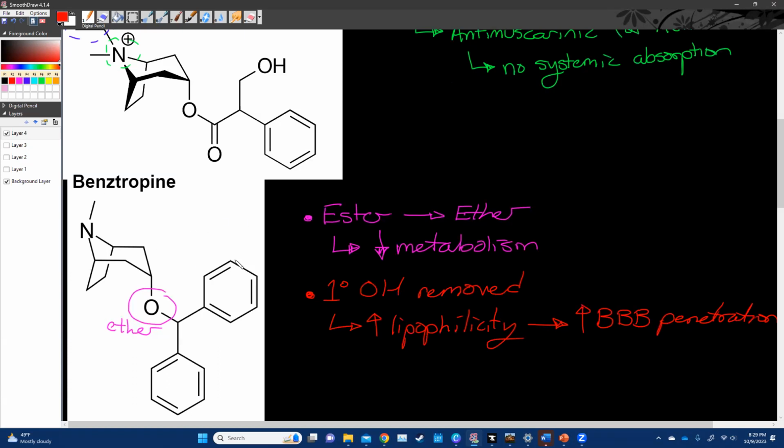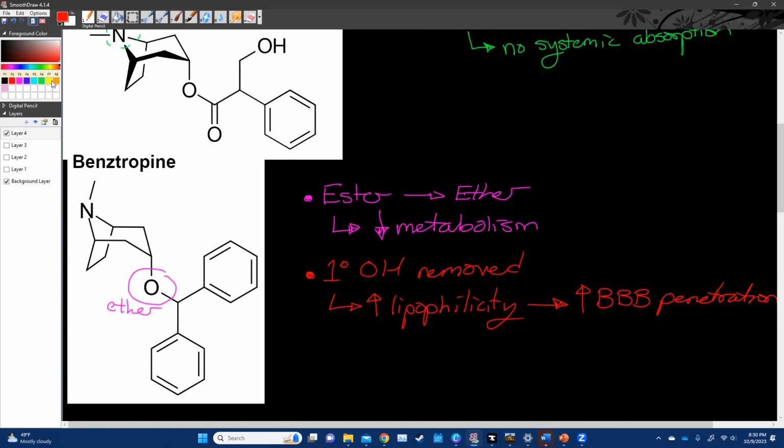So who is more likely to be used for a CNS disease? So say something like Parkinson's. Would you rather use benztropine or atropine? Exactly, benztropine. The other aspect here that I should mention is that adding this other and second benzene, they're both going to work together to increase lipophilicity. So dibenzo, way more lipophilic.